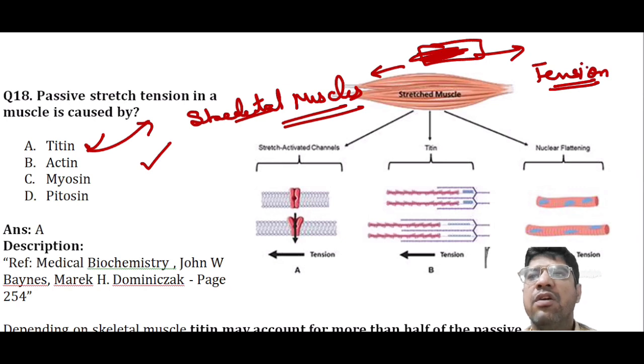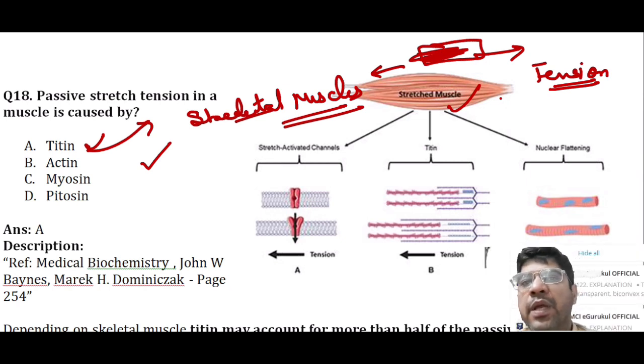Now think of this rubber band as a simplified representation of a muscle fiber and titin. Think of the rubber band as a single muscle fiber. So when you stretch the rubber band, you are simulating the act of stretching a muscle.